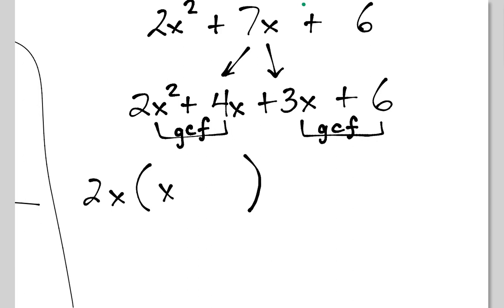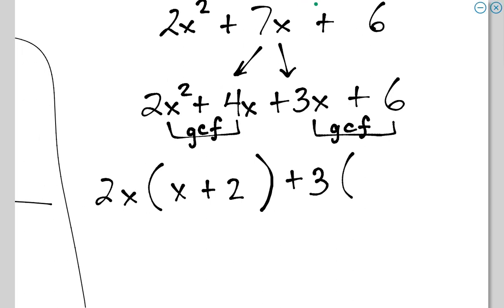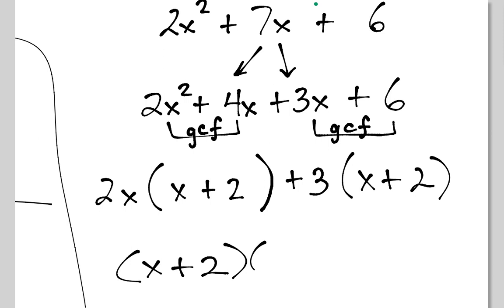You end up with x plus 2. In the second one, you want to take out only a positive 3 because they have no x's in common. Dividing by 3 on each of those, you get x plus 2. Now you notice they have the x plus 2 in common. Okay, and there it is.